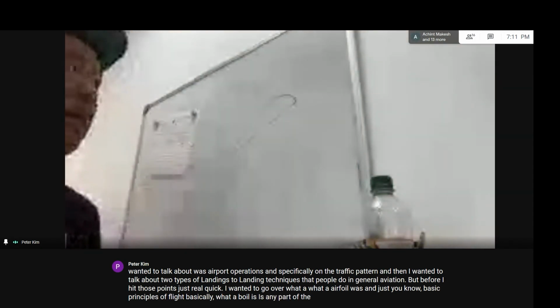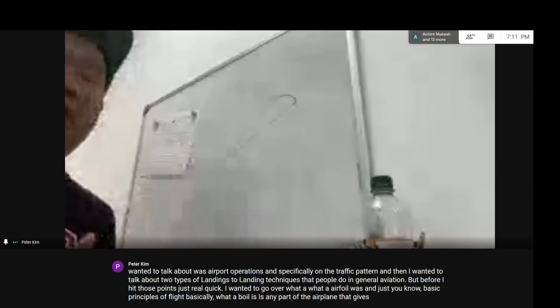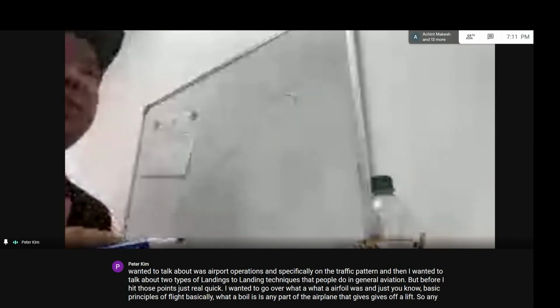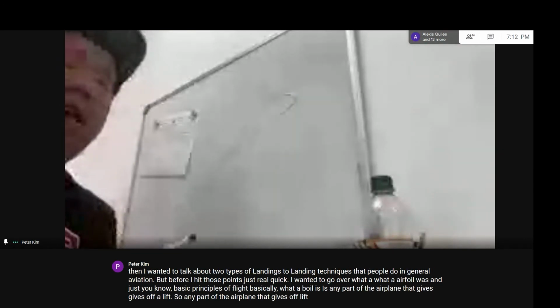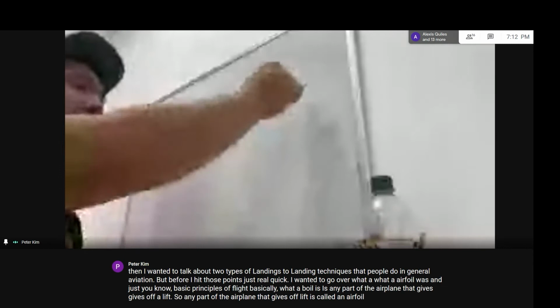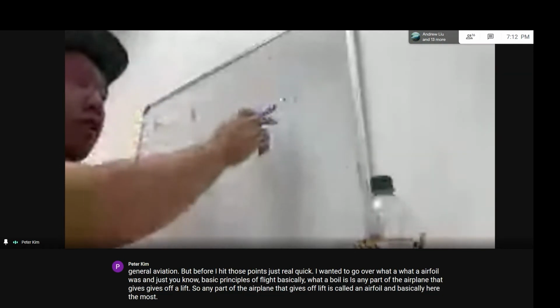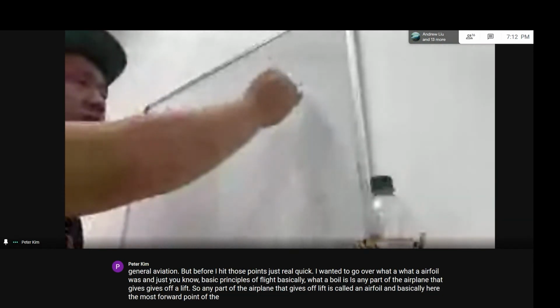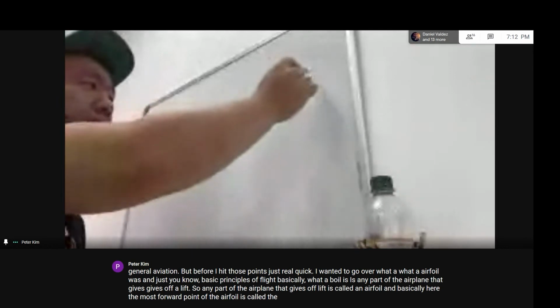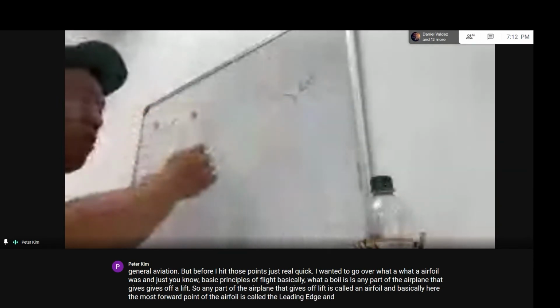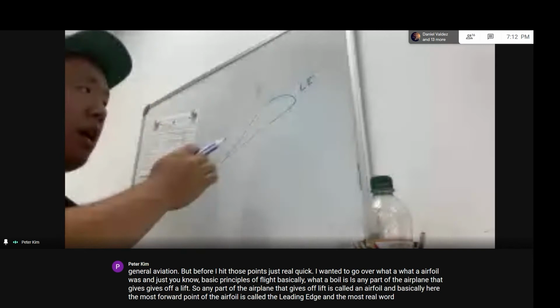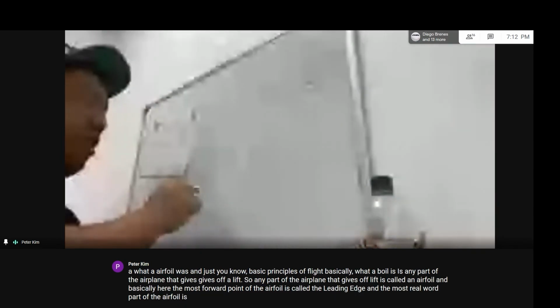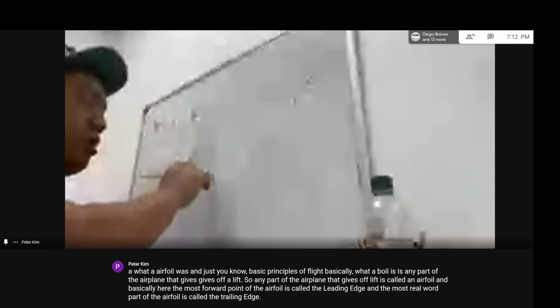Basically, an airfoil is any part of the airplane that gives off lift. So any part of the airplane that gives off lift is called an airfoil. And basically here, the most forward point is the leading edge and the most rearward part of the airfoil is called the trailing edge.